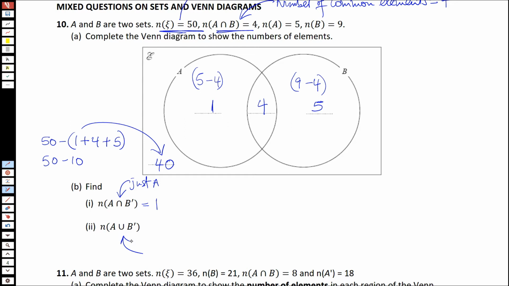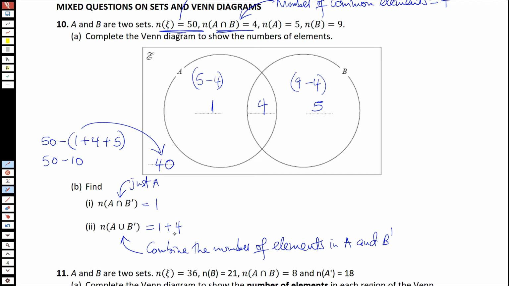So remember, the union here means combining. So we are combining the number of elements in A and not B. So the number of elements in A will be equal to 1 plus 4.